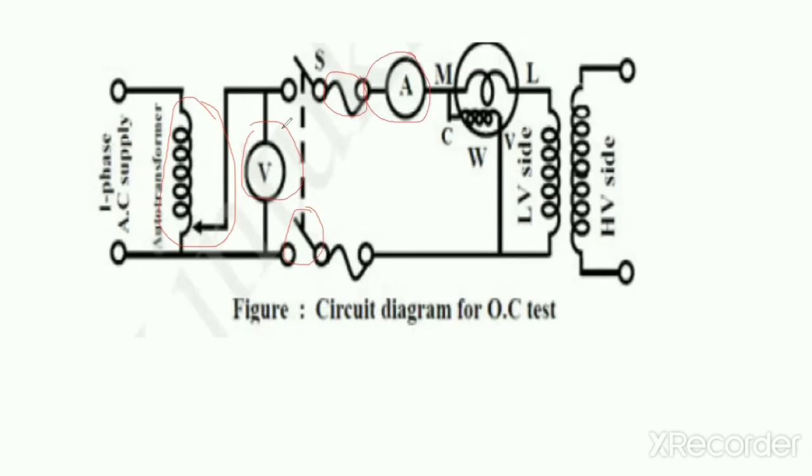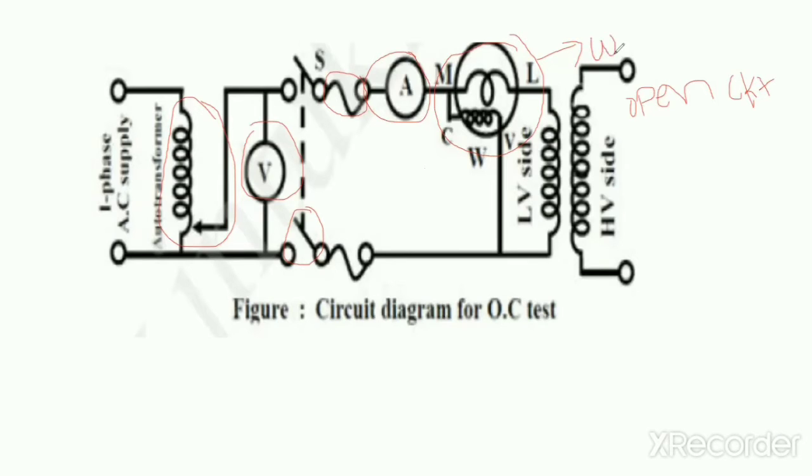The voltmeter measures the supply voltage, the ammeter measures the line current, and the wattmeter measures the losses. Therefore, this circuit is called the OC test. The HV side is open circuit, and all the meters are connected on the LV side.